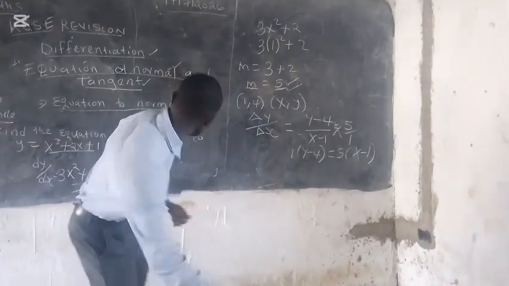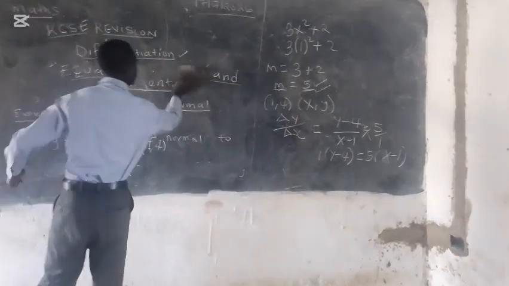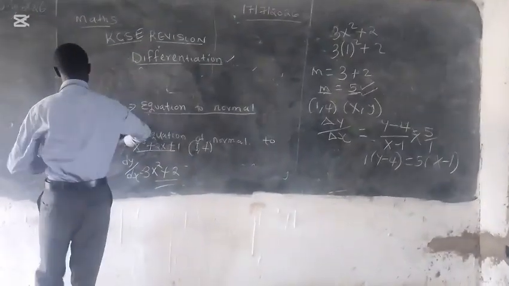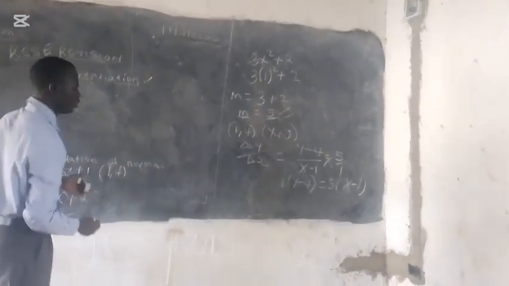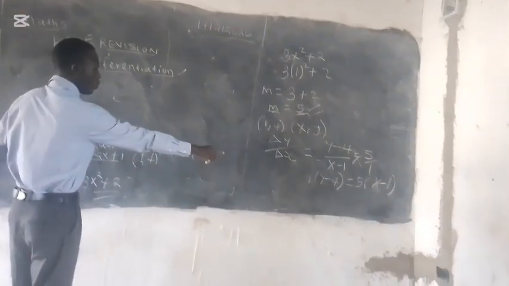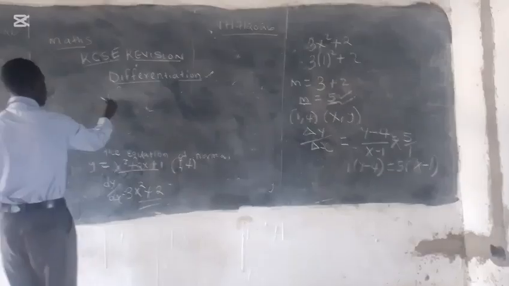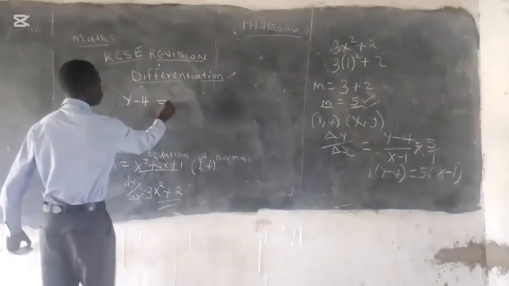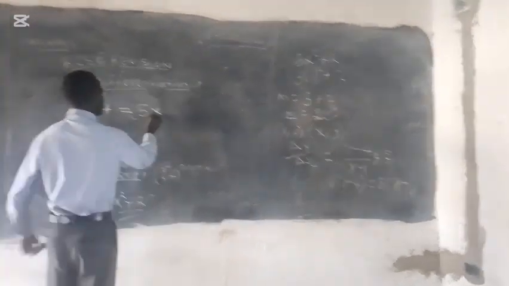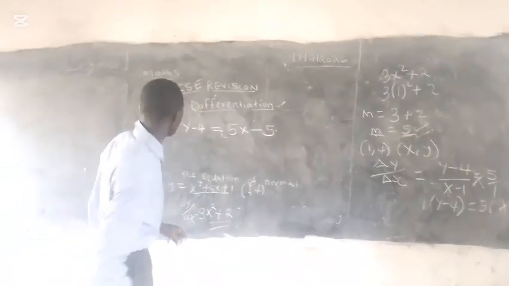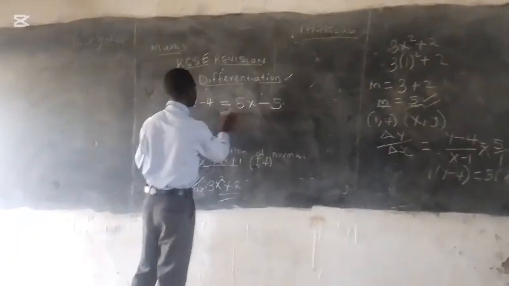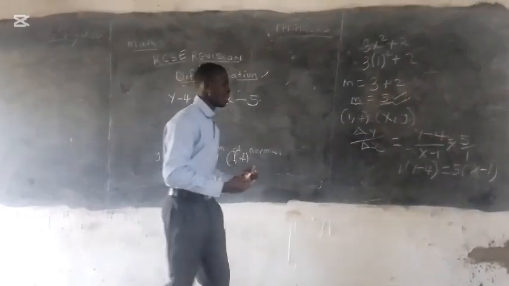Dear students, let us get that one very clear. We are still handling this question. Now, we've reached the point where y minus 4 equals 5x minus 5. After reaching that point, we can decide to write our equation in the form y equals mx plus c.